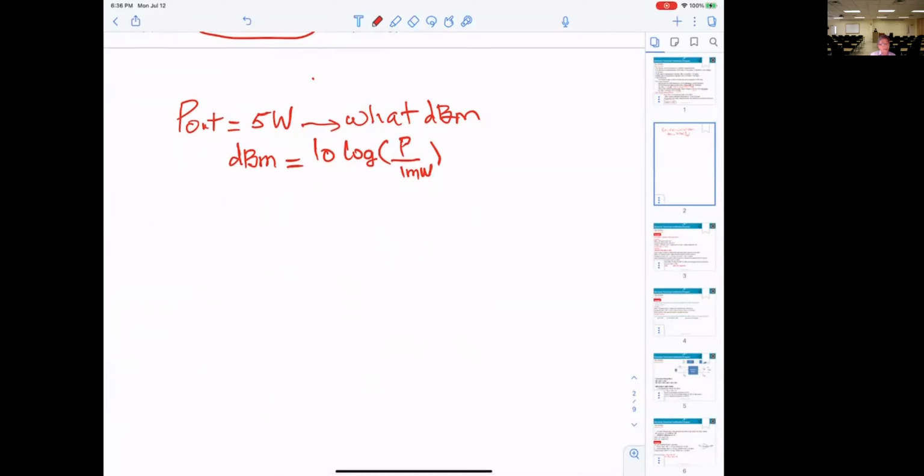But in this example, they give you P out of 5 watts, and they want the equivalent in dBm.